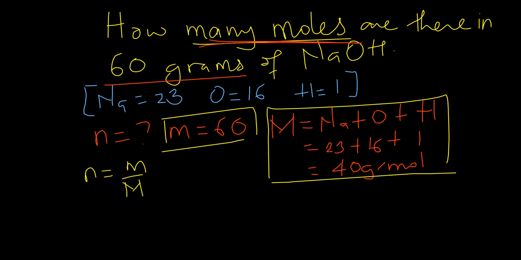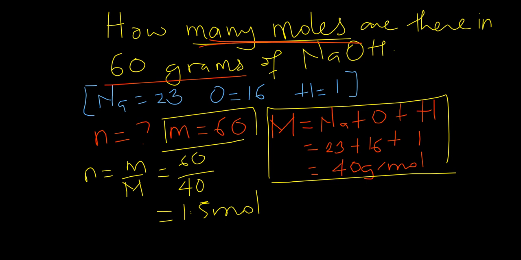The mass is 60 grams divided by the molar mass, which is 40 grams per mole. When you divide 60 by 40, you are going to get 1.5. So that's 1.5 what? Mole. So that should be our answer. Our answer is 1.5 mole.